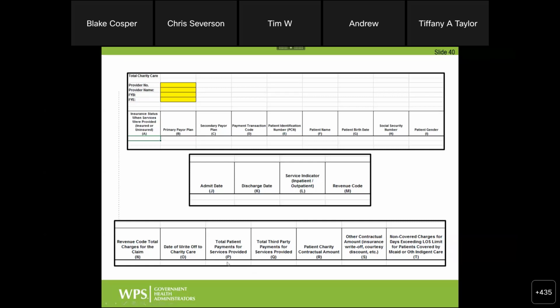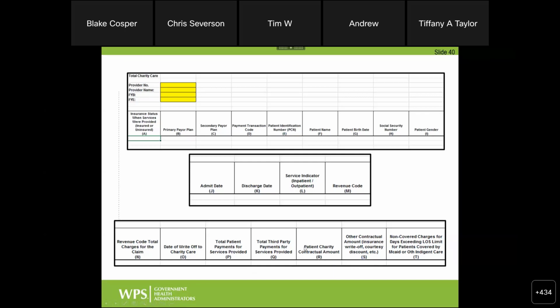So carve out the patient payments, carve out any third-party payments, carve out any patient charity contractual amount, which is really what we're mainly concerned with here. The charity care contractual amount, and then you might have some other items. The other contractual amount, the insurance write-off, courtesy discount. For some other reason, this is not allowed.